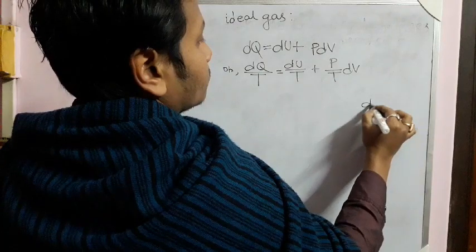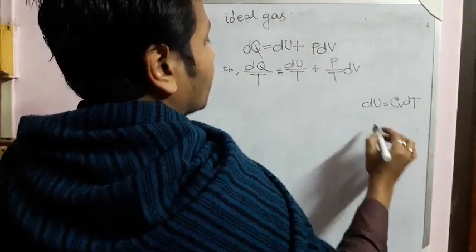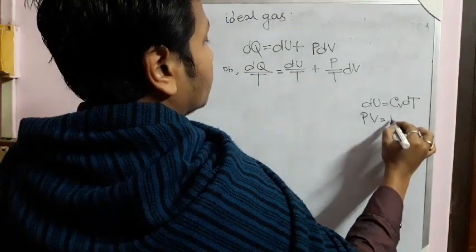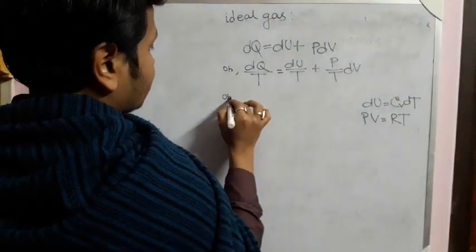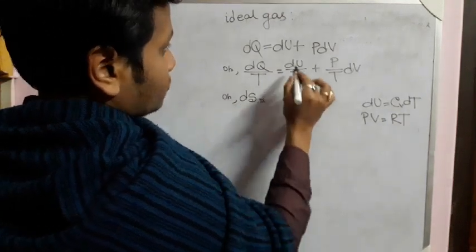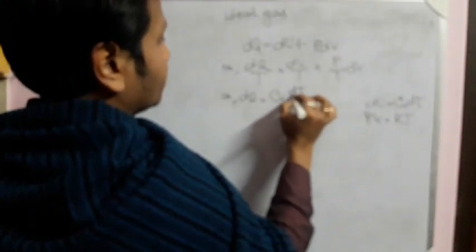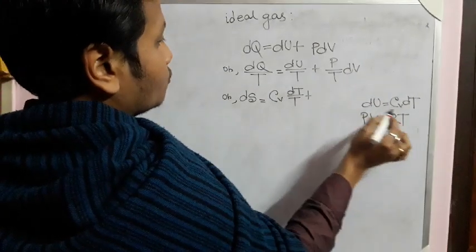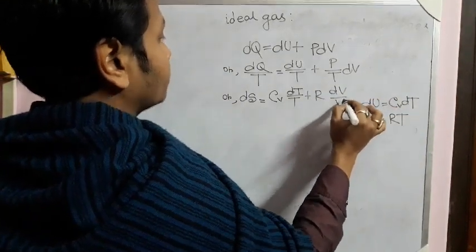Now we all know these two relations: du equals Cv dT, and for a perfect gas pV equals RT. We have to use these relations, and dq by T is nothing but ds. Here you substitute Cv dT, so what do we get? Cv into dT upon T. So here you put p by T means R by V, that is R dV upon V.